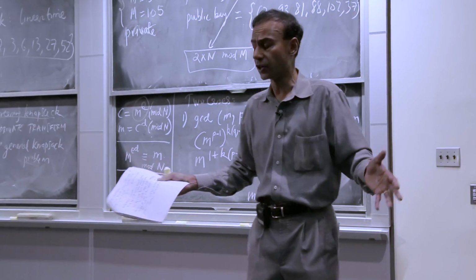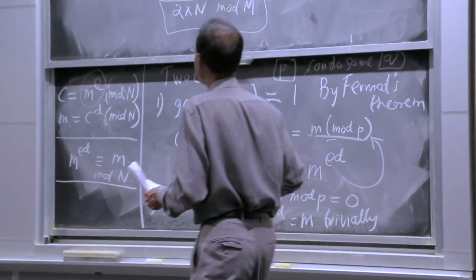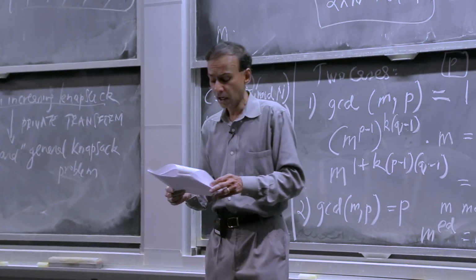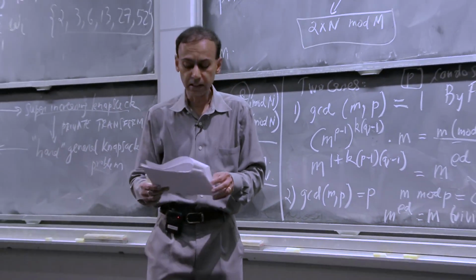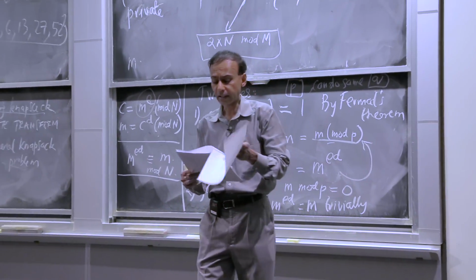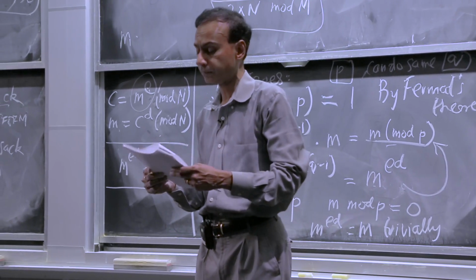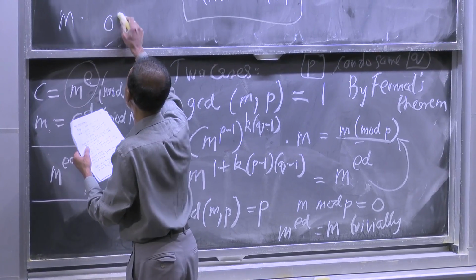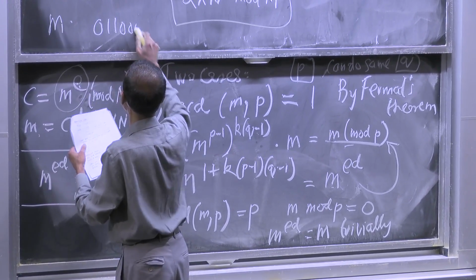I'll let you look at the notes, but basically when you take a particular message m, you want to encrypt it using the public key, which is this quantity over here. And the way you encrypt that is simply by taking a particular message, and let's say that the message is written as 011000.